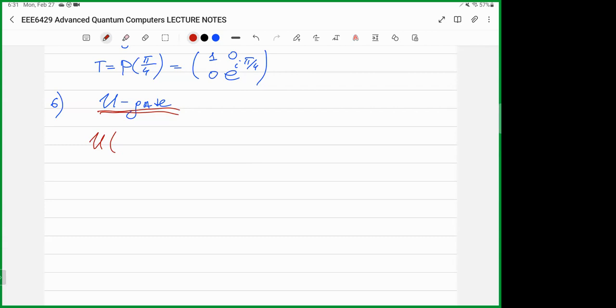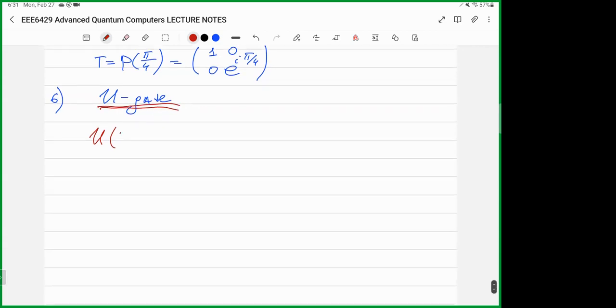It gets three parameters: theta, phi, and lambda, and it's given by this matrix: cosine theta over 2. The second element is minus e to the power of i lambda sine theta over 2.